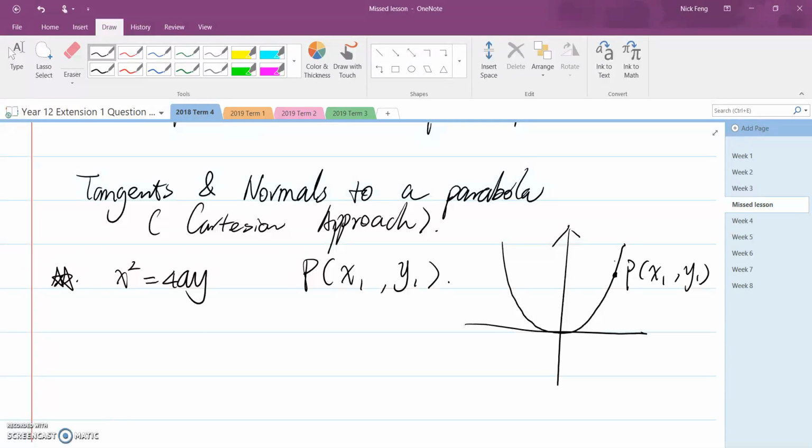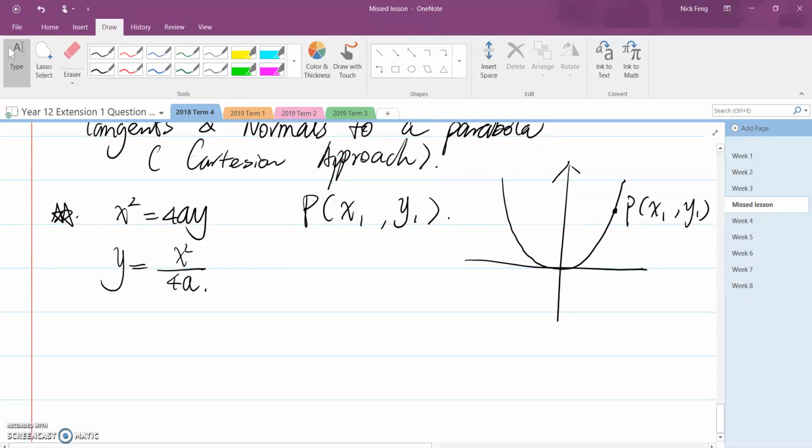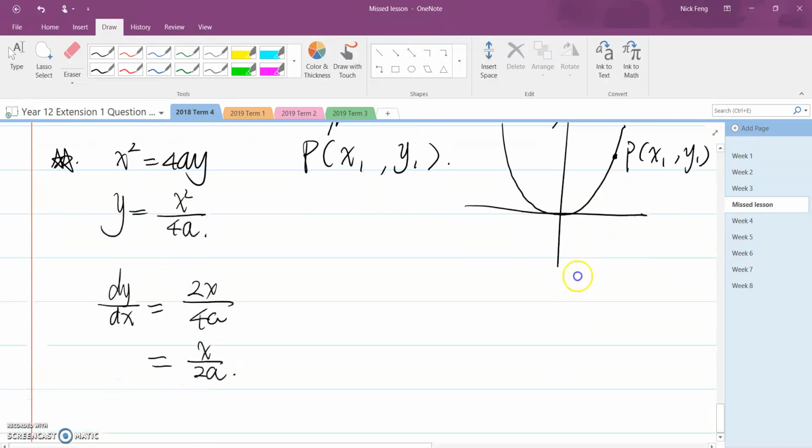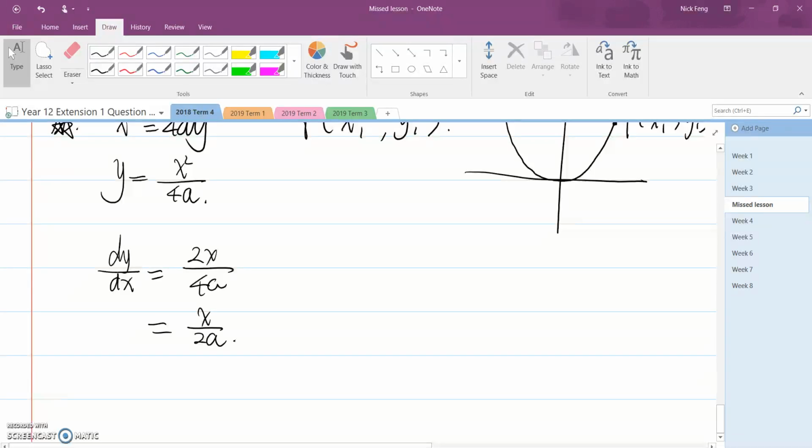So first of all, in order to find the derivative, we want to make y the subject, which is y equals x squared over 4a. I emphasize I didn't do this in the parametric approach because it's for the Cartesian approach. So dy/dx equals 2x over 4a, which is x over 2a. And don't forget, this is a derivative function.